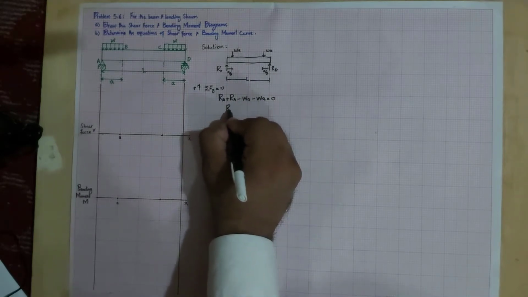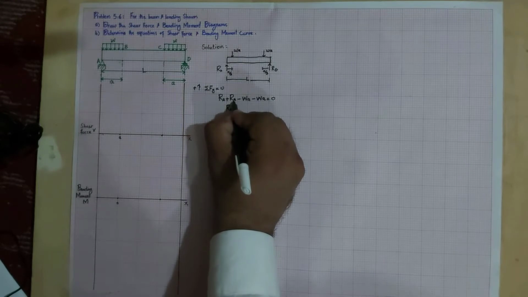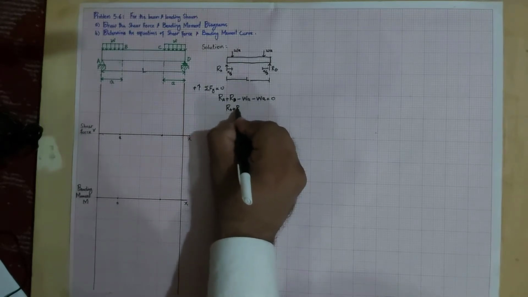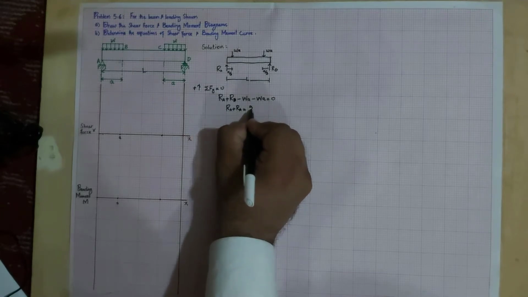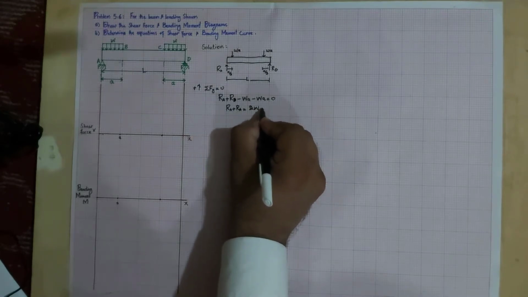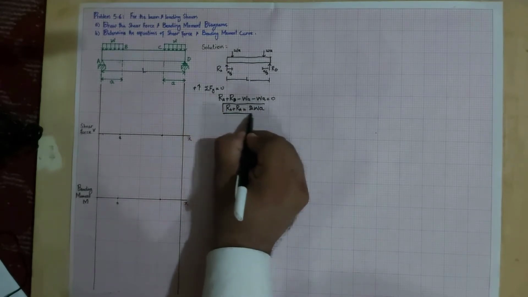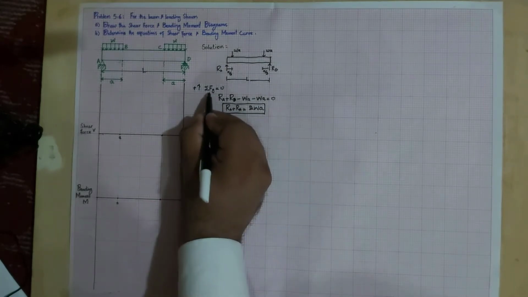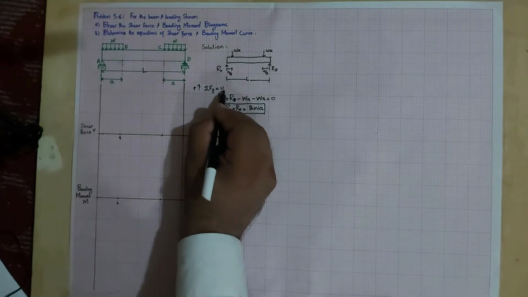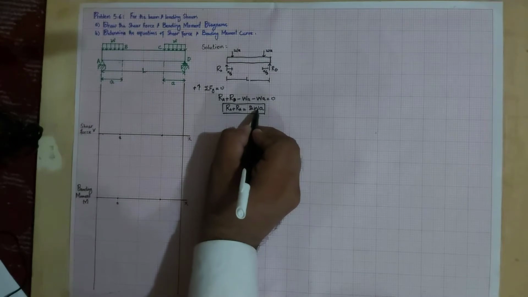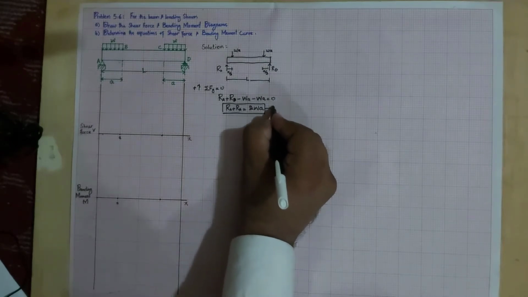So RA plus RD is equal to 2 times WA. This is the first equation that we get from the sum of all forces along y direction equal to 0.